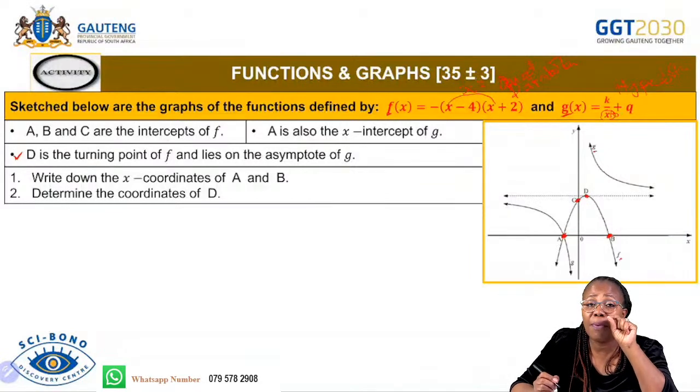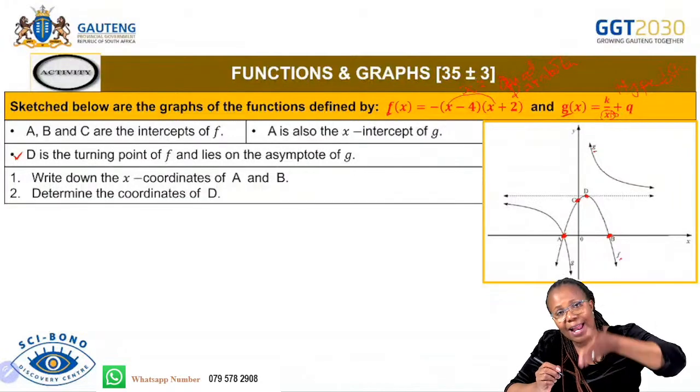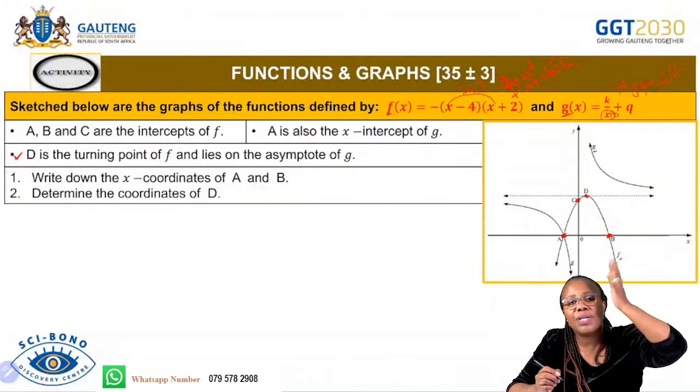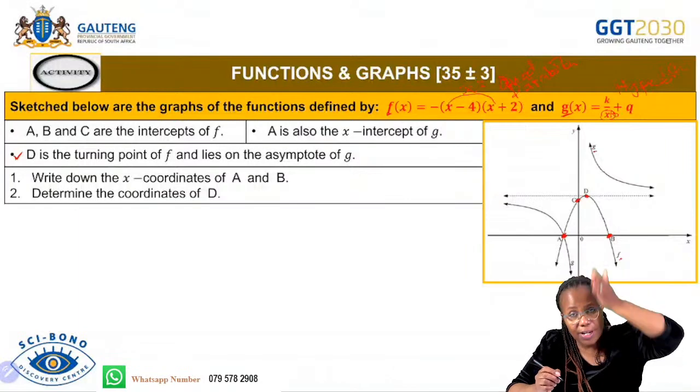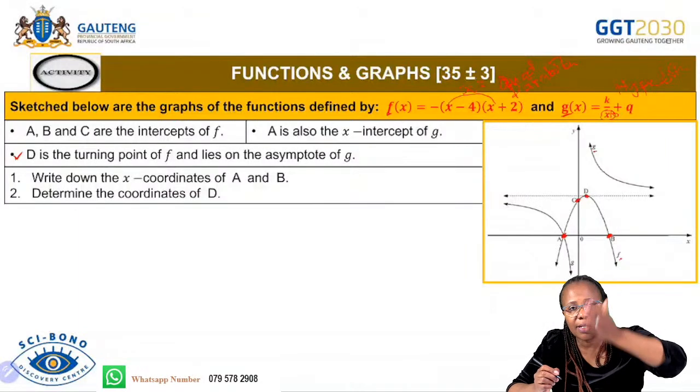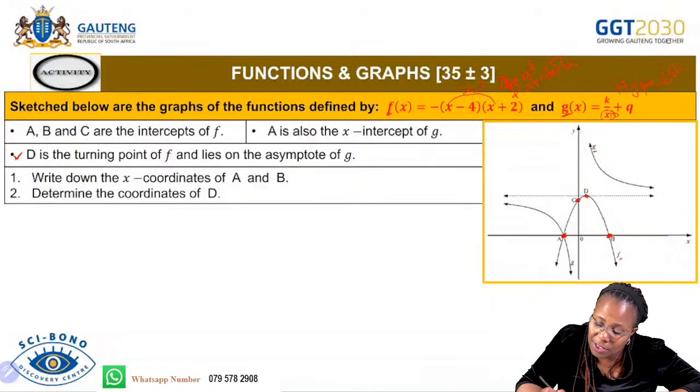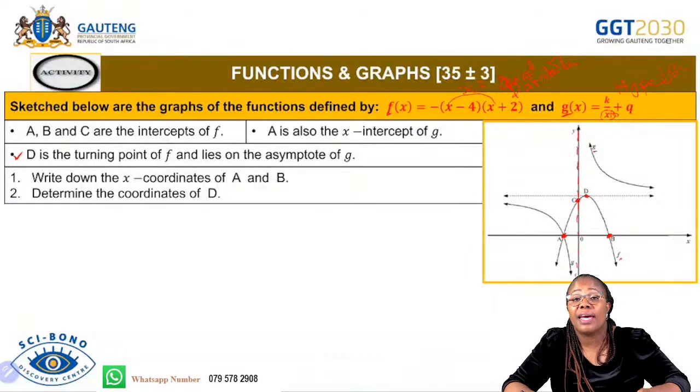For all your hyperbola functions in technical mathematics, the vertical asymptote will always be at x equal to 0. That means it's on top of this axis here. We can't see it because it is on top of that line, but it is there.